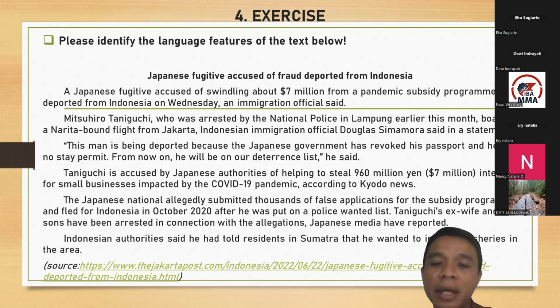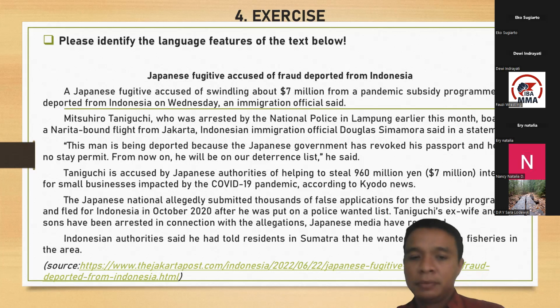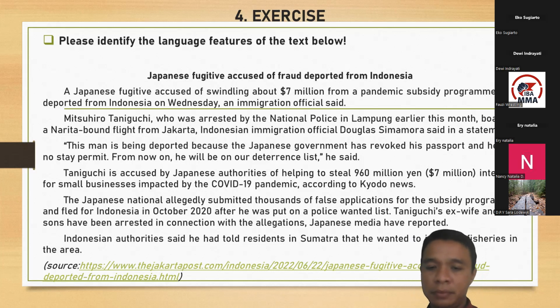Present passive. Okay. Then next, the fifth one. It was mentioned also adverb of time. I believe that allegedly submitted is past tense.